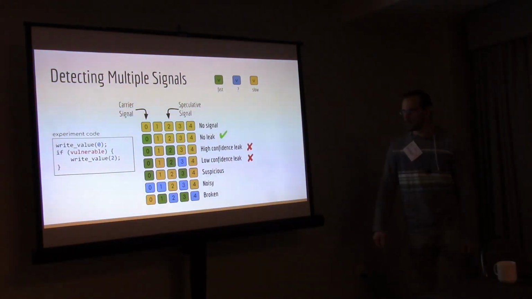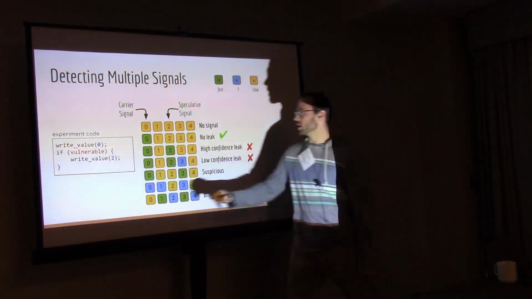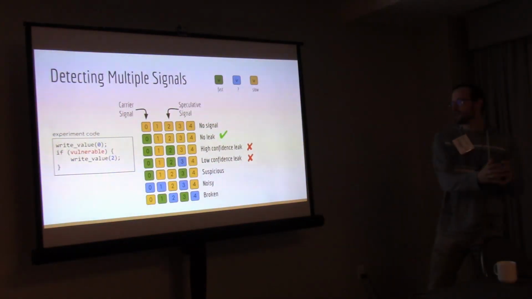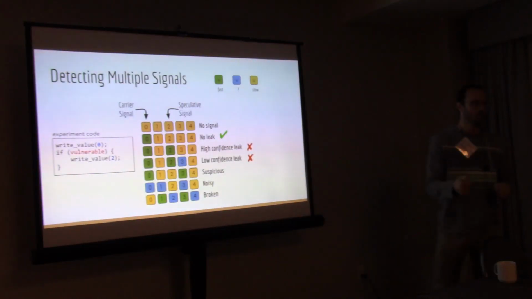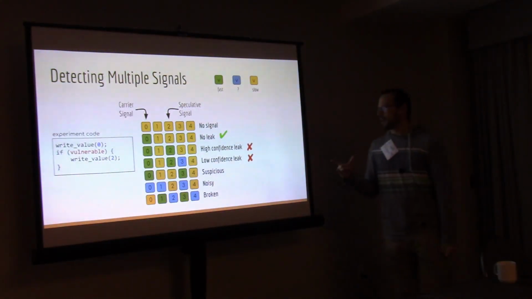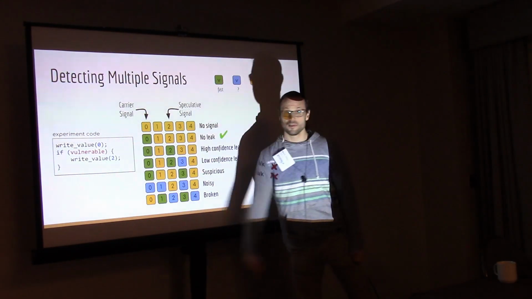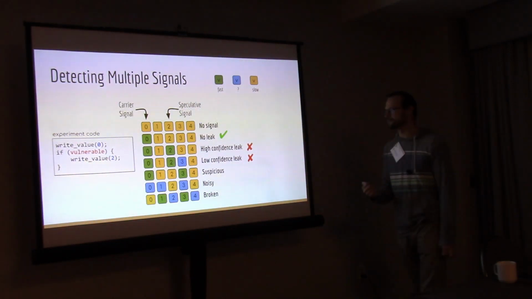So if we have this experiment code over here, what I typically did is write what I call a carrier signal, which is some value which I would always expect to be in the channel, and then some other speculative value which I want to disclose. The reason is then I can tell if something's going wrong, so I can have the reliability of the channel built into it.